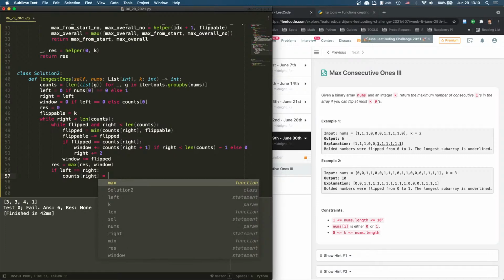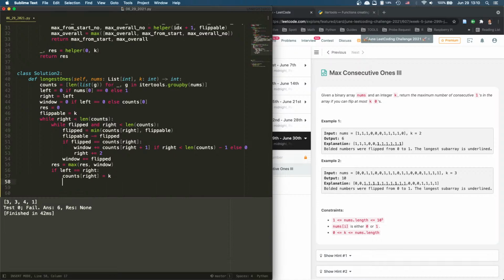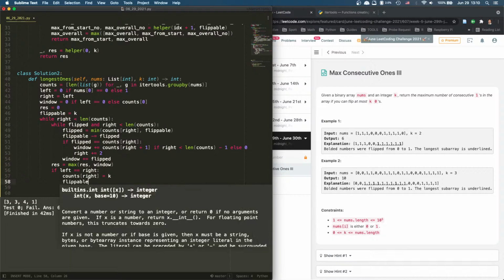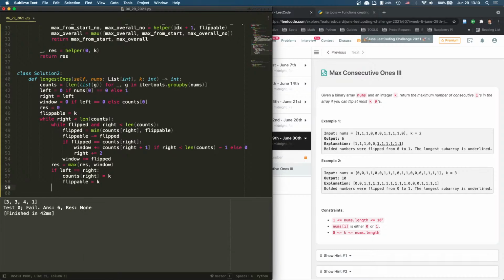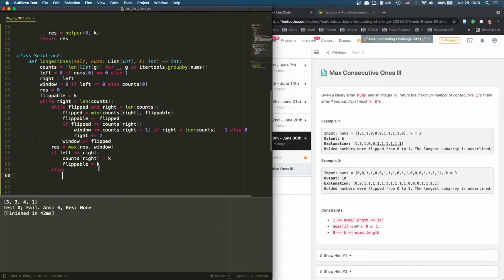So we just change counts right to k, and flippable is also equal to k. Now we go back up and do it again. And then we can move forward, right?